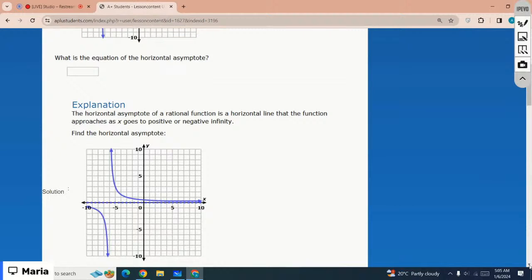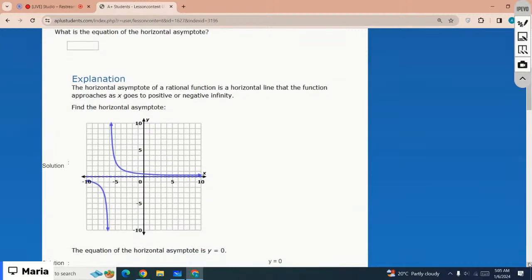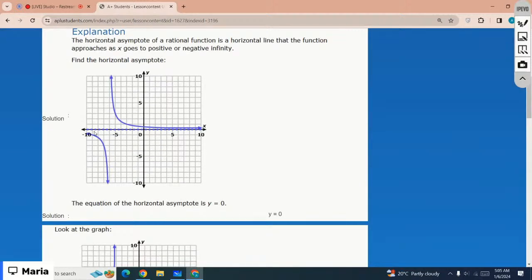So here is this dotted line shown in the graph. This is the line y equals 0, that is on the x-axis, and on the x-axis you have y equals 0. Got it?